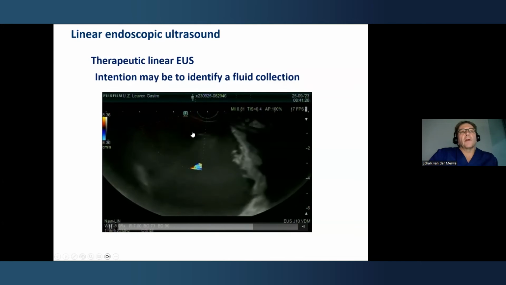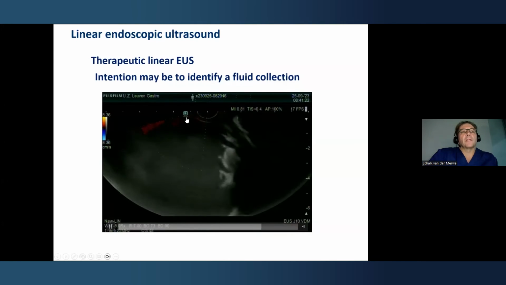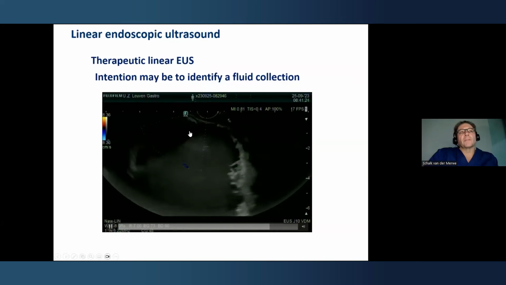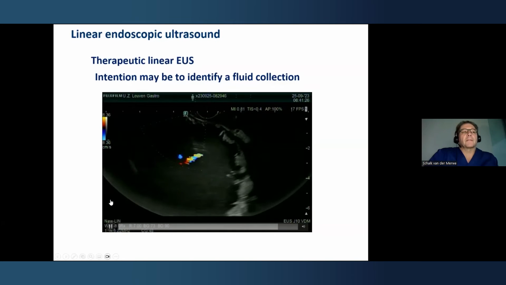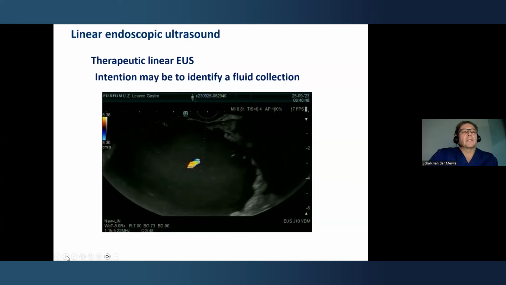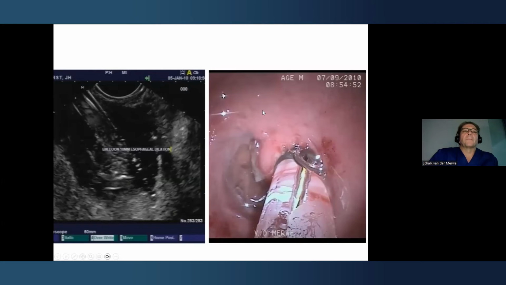Because as very often is the case with therapeutic EUS, EUS provides a conduit and access to a collection or to a duct, which can then be managed in a different way. So in this case, EUS was utilized to create a conduit, an opening through which stents can be accessed into a collection that walled off a necrosis collection that became infected.